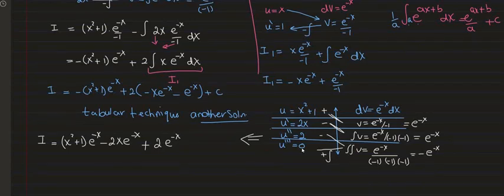But 0 times anything is 0, and therefore the integration of the 0 is, remember, like any constant, c, right? The derivative of any number was 0, and therefore the integration of the 0 is the constant.